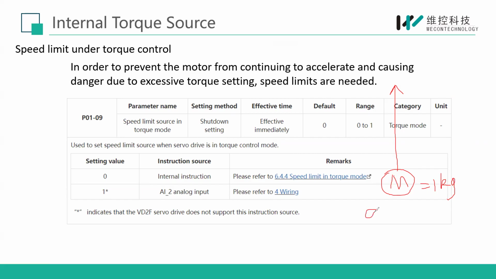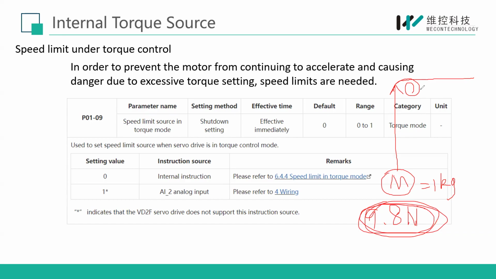So you will need 9.8. This is how the mass of our load is determined.